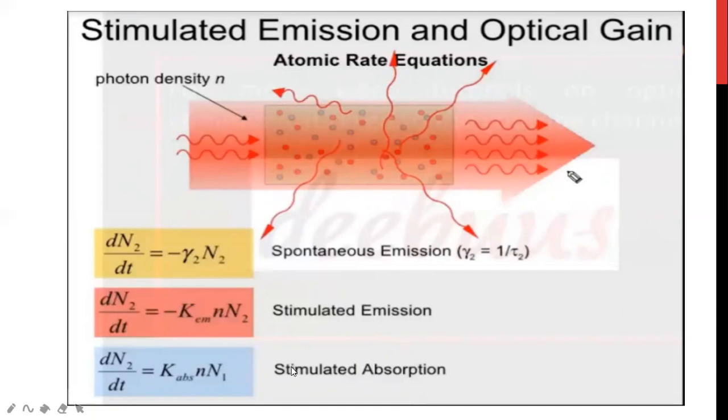And for stimulated absorption, the rate is controlled by K_absorption. If K_EM and K_absorption are equal, we can say that stimulated emission and stimulated absorption are occurring at a constant rate, or that there is an equilibrium between stimulated absorption and stimulated emission.